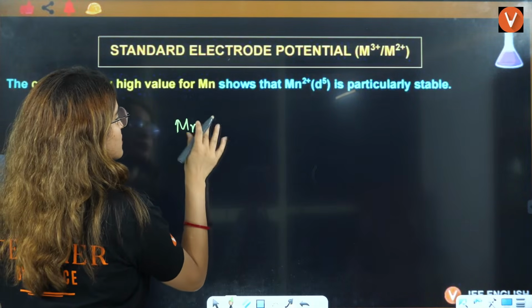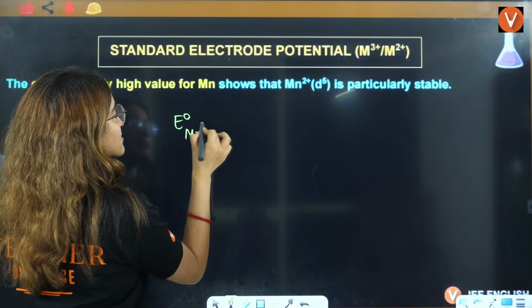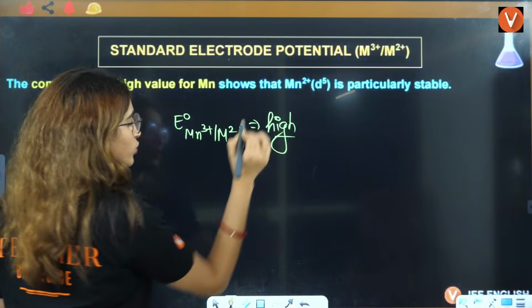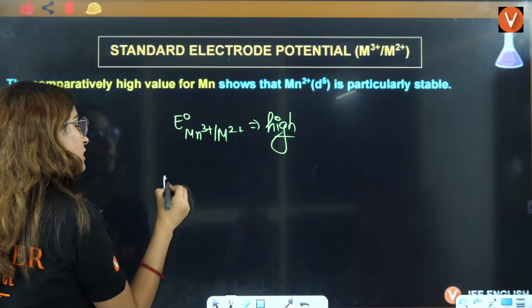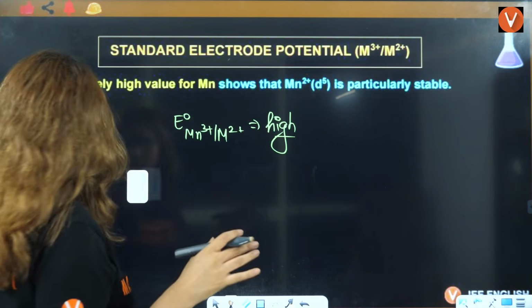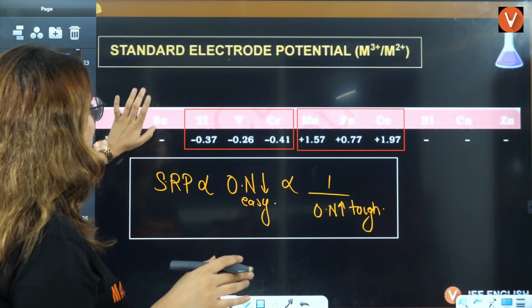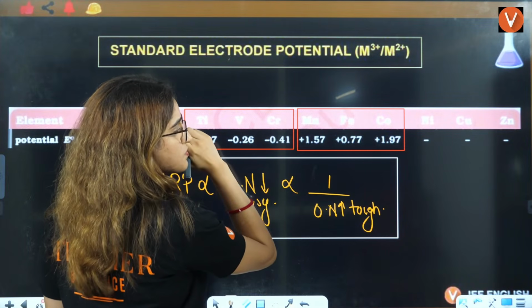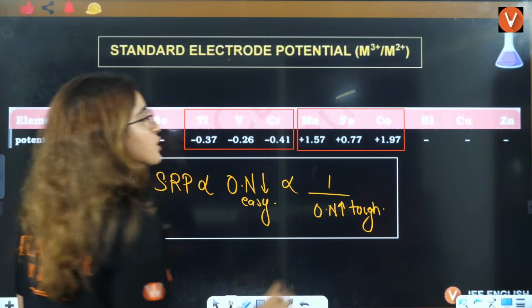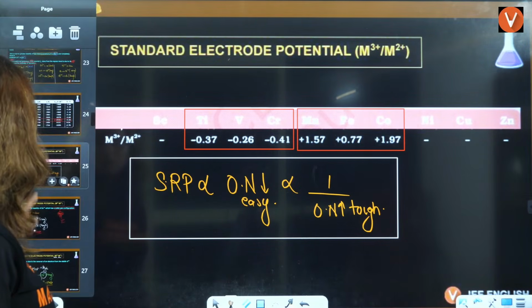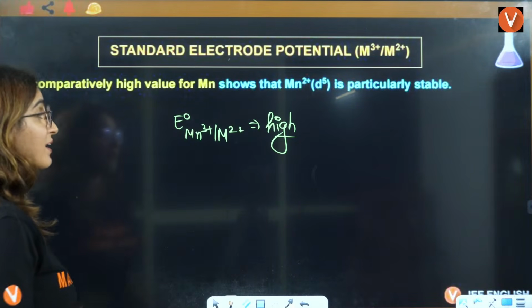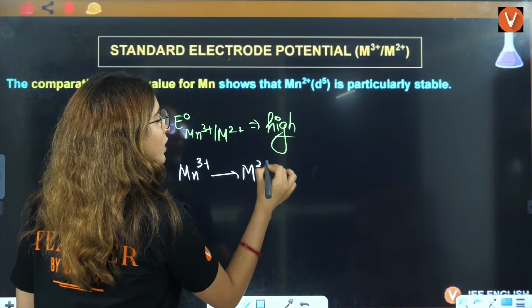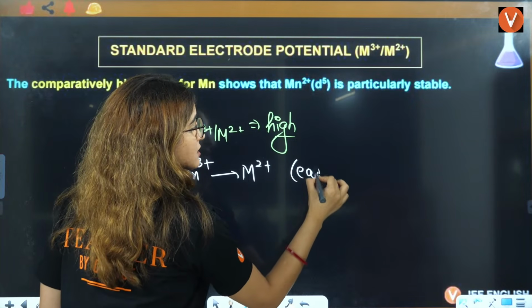If you see this here, zinc is not written, but zinc will be the highest, and after that you have manganese. So manganese 3+ to 2+ conversion is very easy.